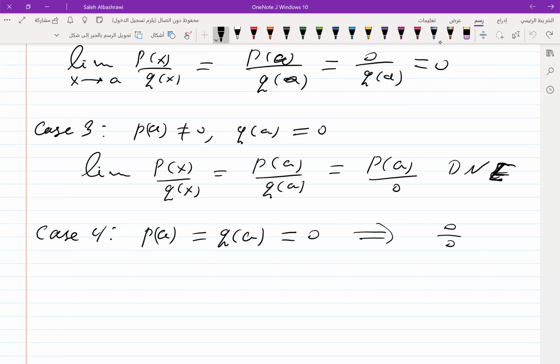So if we get this form 0 over 0 after substituting x by a in the numerator and denominator, I will get 0 over 0. In this case, we have to simplify the rational function.